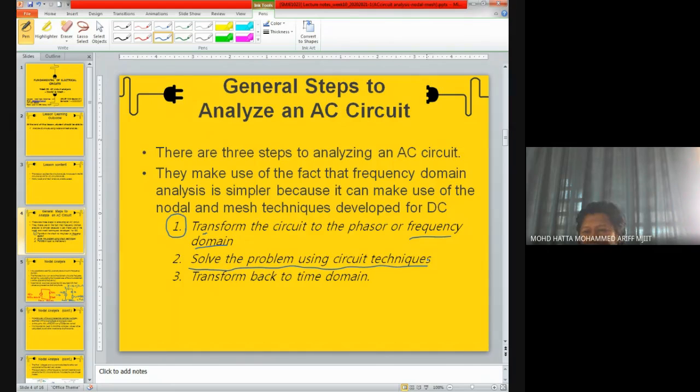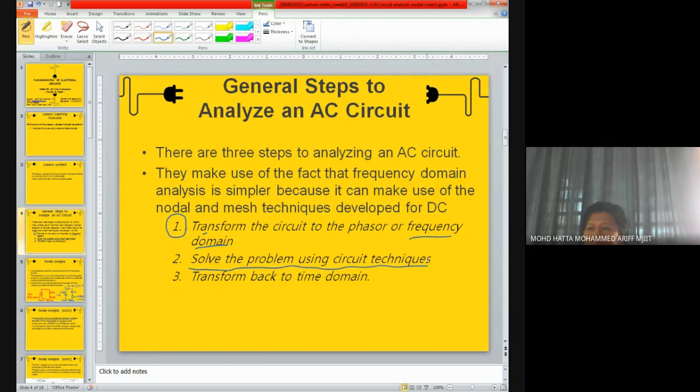If you wrongly multiply, for example, minus j times j, it should be 1, right? But if you put it as -1, the whole calculation will be wrong later on. So it's very important to be particular with your calculation when dealing with complex numbers.